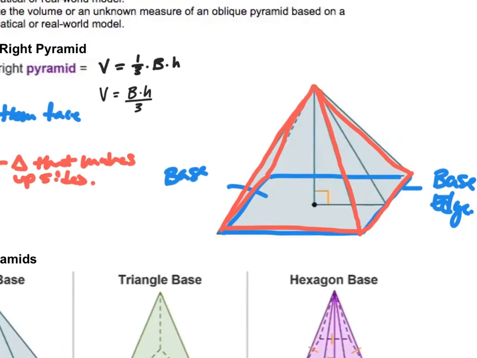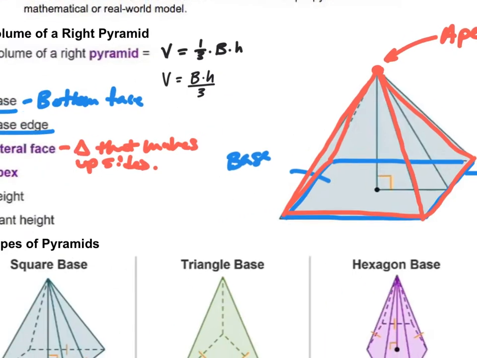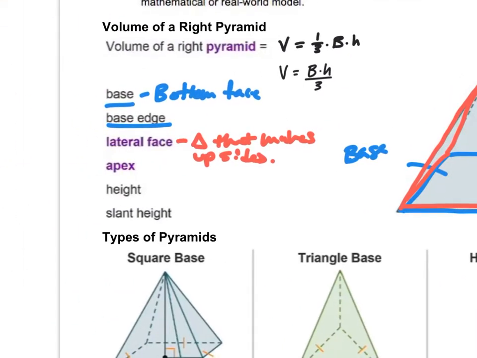Now the apex: all those points meet at the very top here, and we call this the apex. So we've got the lateral face and the apex. We need the height.